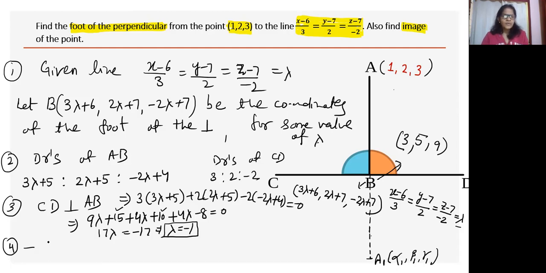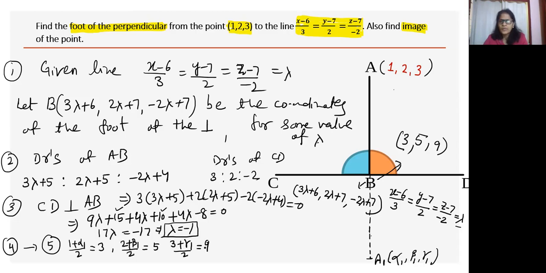So you can have (1 plus alpha 1)/2 equal to 3, then (2 plus beta 1)/2 equal to 5, then (3 plus gamma 1)/2 equal to 9.